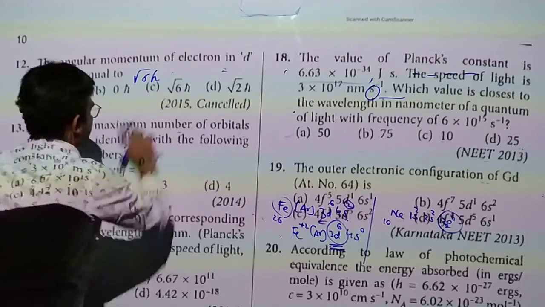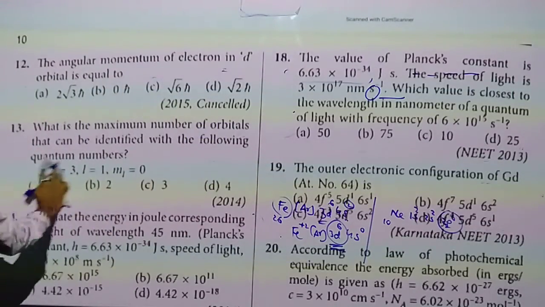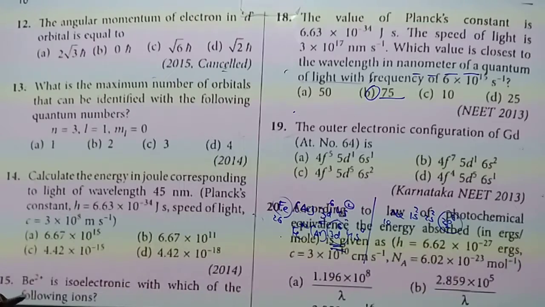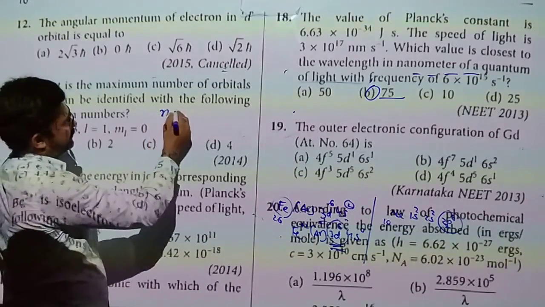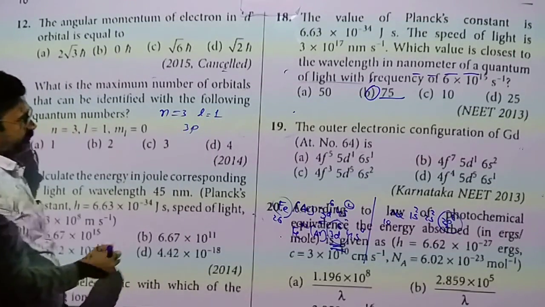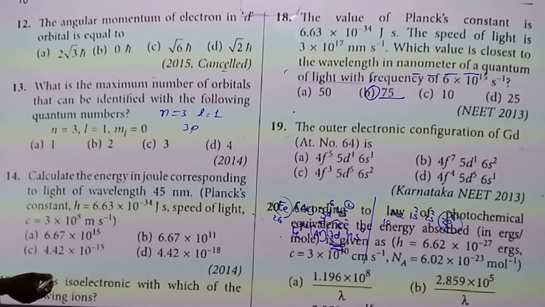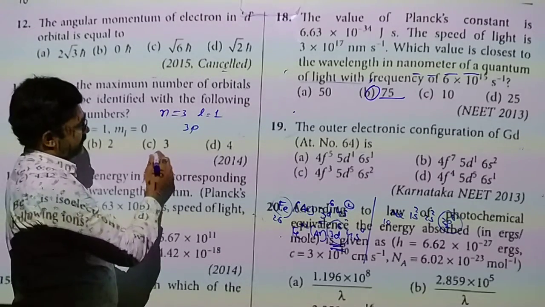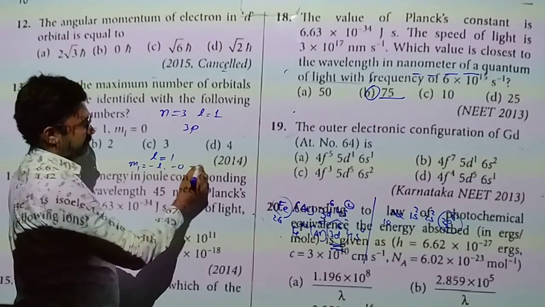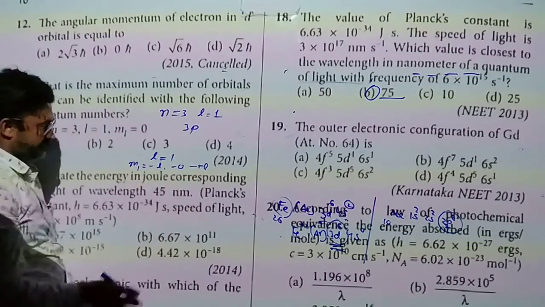Now question number 13. What is the maximum number of orbitals that can be identified with the following quantum numbers? n's value 3, l's value 1, means 3p. And whenever l's value is 1, ml will be minus l through 0 to plus l.